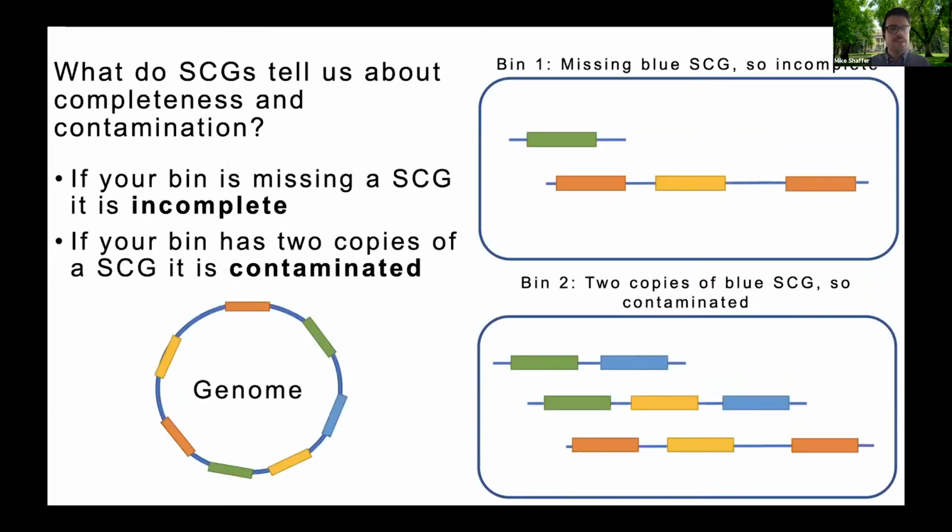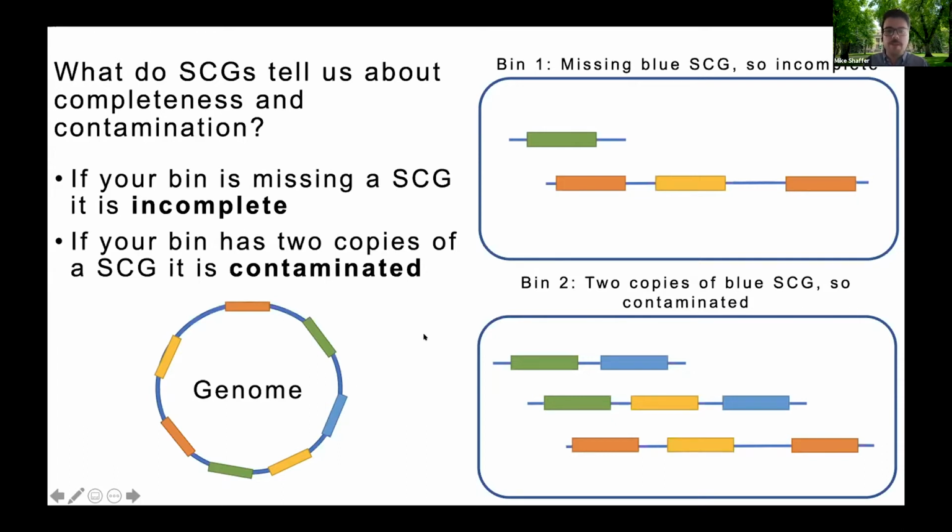So we can use these single copy number genes to understand completeness and contamination. If we look at our example bin 1 here in the upper right, we can see that this bin is somewhat incomplete because it's missing the blue single copy number gene. We know that if this bin was 100% complete, it would include the blue gene, but it doesn't, so therefore it's incomplete.